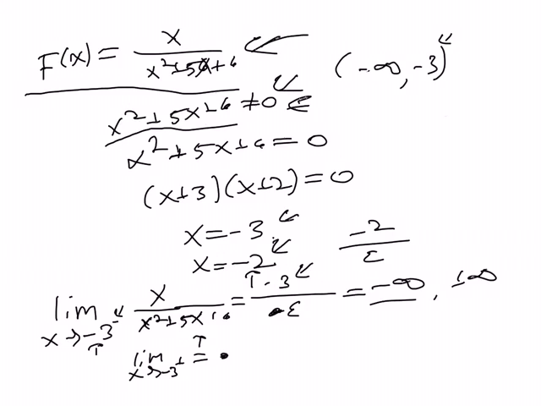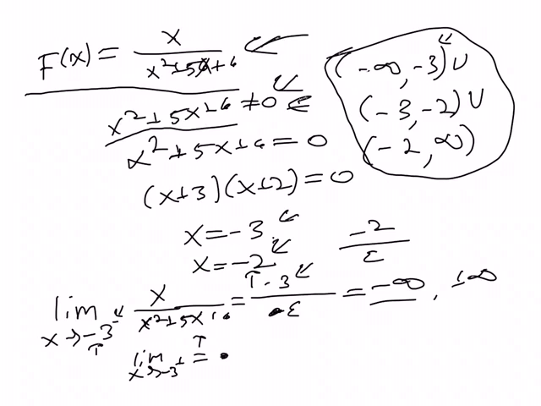-infinity, not including -3, right? So we're going to have this union, adding -3 to -2, not including -3 or -2, and then union -2 to infinity. This is our domain, right?